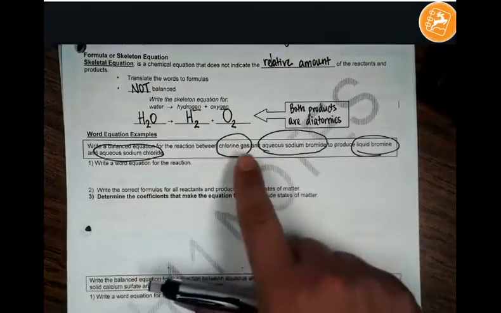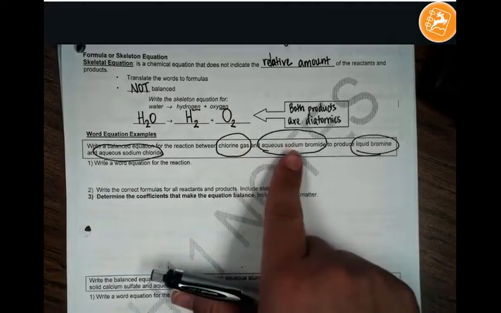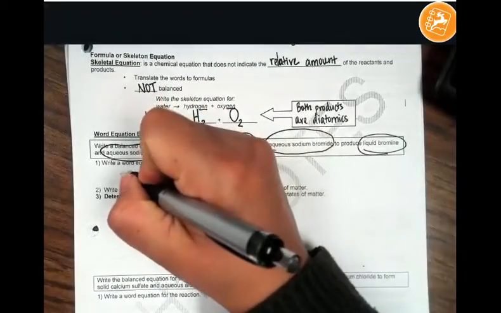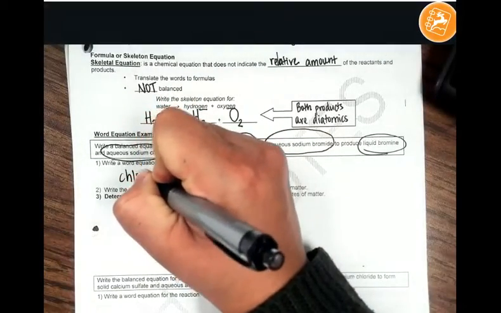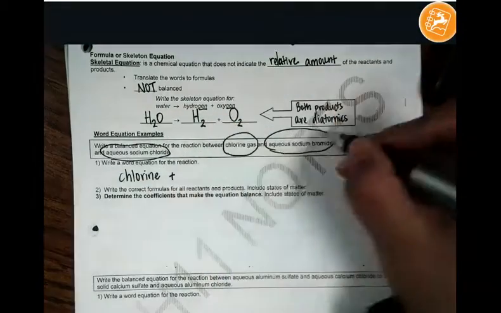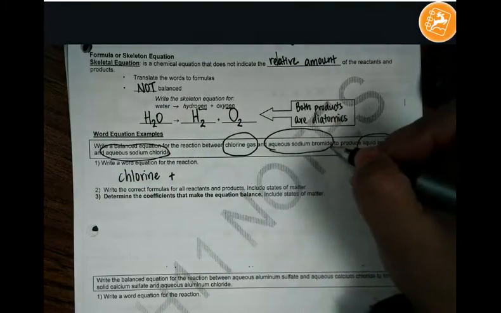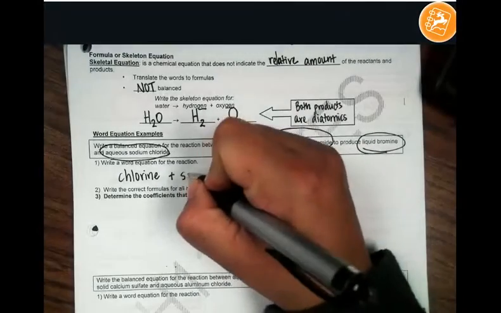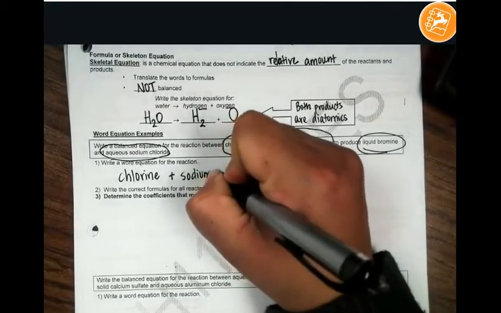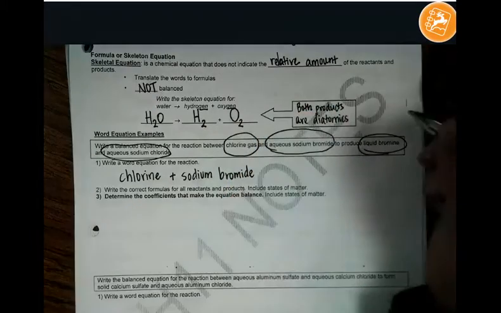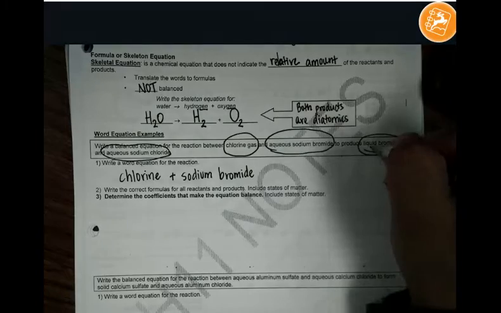So I'm going to write what the substances are. The reaction between chlorine gas, so I'm going to write chlorine, and so a plus sign. Aqueous, I don't need the state of matter for the word equation. Sodium bromide, to produce, right?